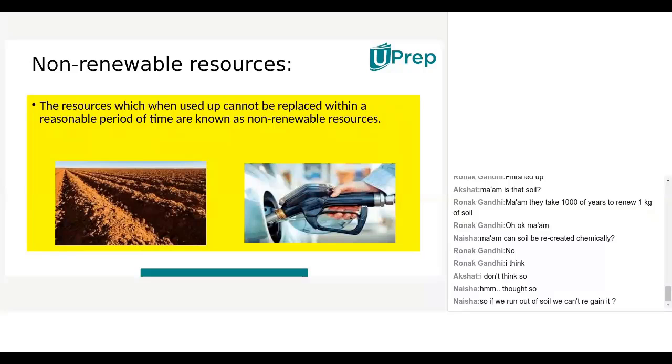Even for these natural resources, it's very difficult to replace them within a reasonable period of time. Why? Because it's very difficult to get these natural resources within a limited period of time. It takes many million years to form.